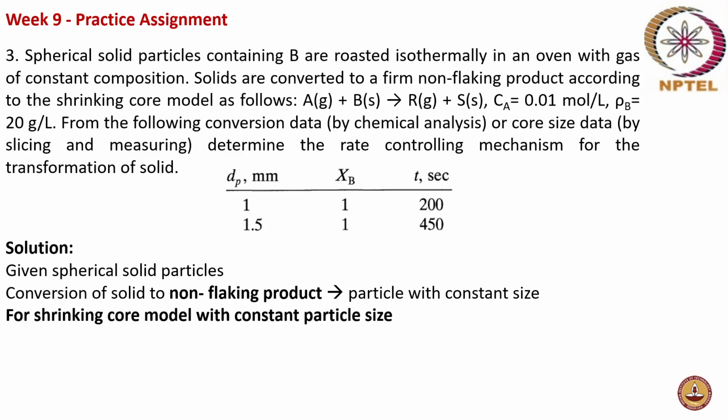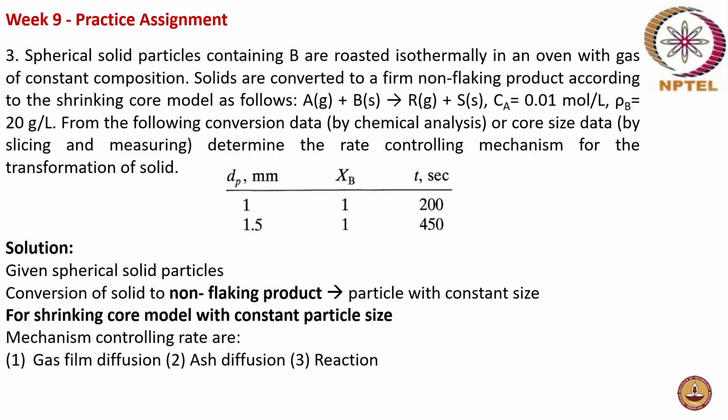So for the shrinking core model with constant particle size, what are the mechanisms controlling the rate? They can be either gas film diffusion, ash diffusion or reaction. Either all the three or any one of these or a combination of two are possible mechanisms. Okay. Now from the given data we have to find out which of these is the mechanism.